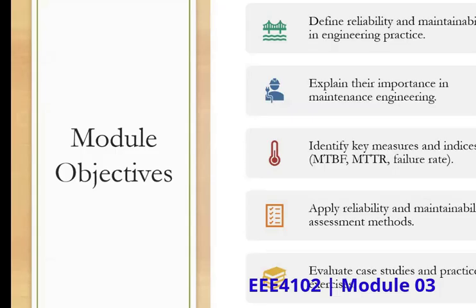For instance, the mean time between failures and the mean time to repair, and also being able to apply the assessment methods that we're going to look at, and also being able to evaluate case studies and practice exercises so that you can certify your understanding.